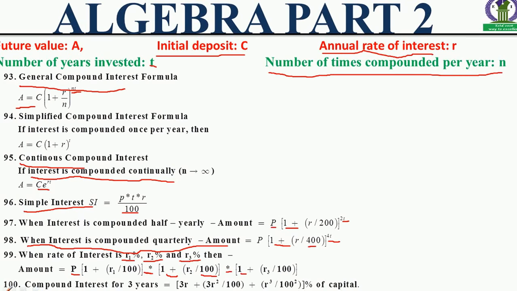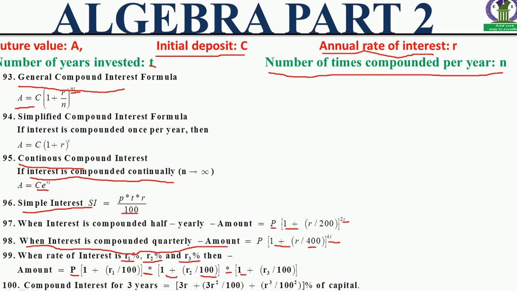And finally, the 600th formula: compound interest for 3 years is (3R plus 3R square upon 100 plus R cube upon 100 square) percent of total capital.